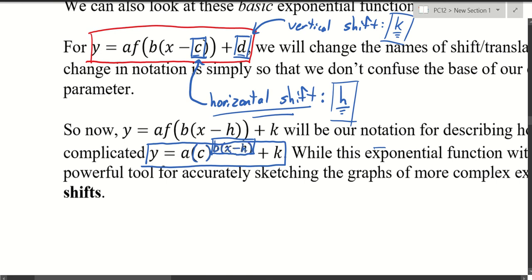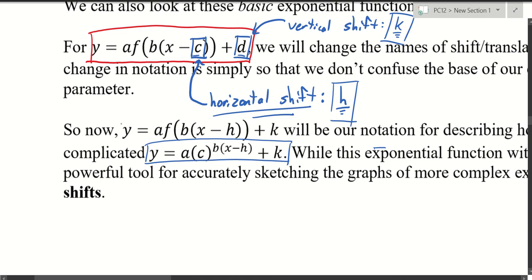So that's where our input parameters go. b controls our horizontal stretches and reflections. h controls our horizontal shifts, and those will always live in the input of your function. And then we have plus k on the outside here. So that's what our parameters look like when we introduce them directly into our exponential function.